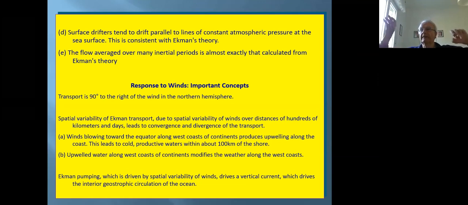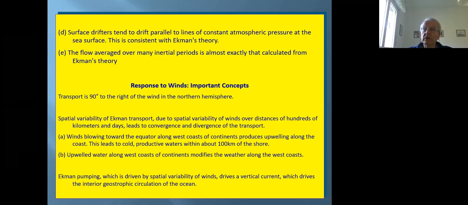So if you have different Ekman transport in different parts of the world, due to this concept that transport is 90 degrees to the right of the wind direction, there will be a convergence or divergence in different parts of the oceans, because the transport will converge or diverge due to this.